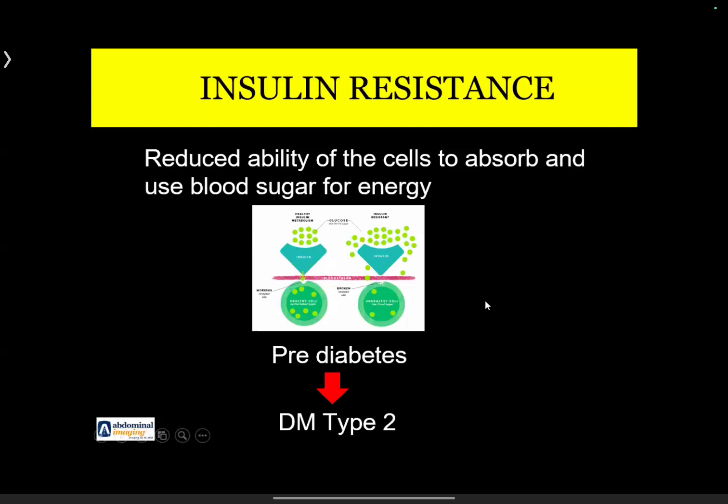Initially it is in a pre-diabetes stage. By HbA1c, anything below 6.2 and above 5.7 comes in pre-diabetes, and gradually this patient progresses to type 2 diabetes if appropriate intervention is not started.